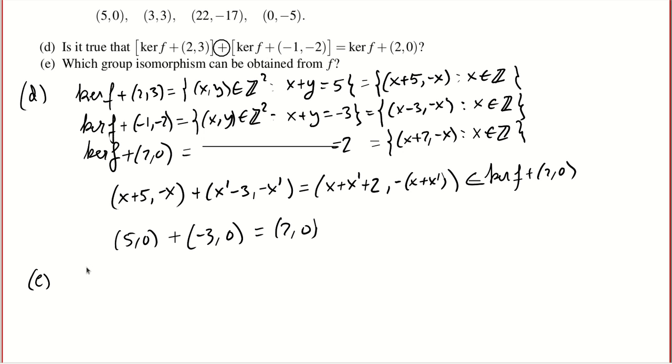The extension that you have to make is you just take F, and you can call that isomorphism phi, which maps Z² over ker F, the quotient group, into just Z. And the mapping is, you take any class here, well, let's say the class of (n, 0), which is all elements of the coset for which the sum of the two components is equal to n, and it maps this to n.